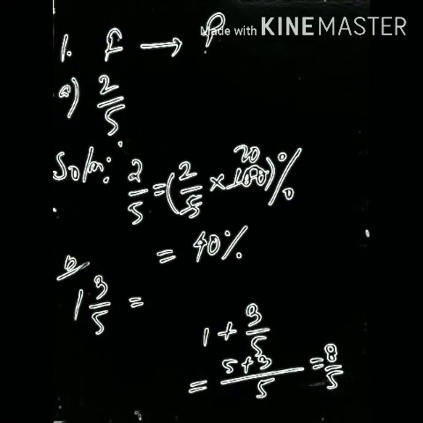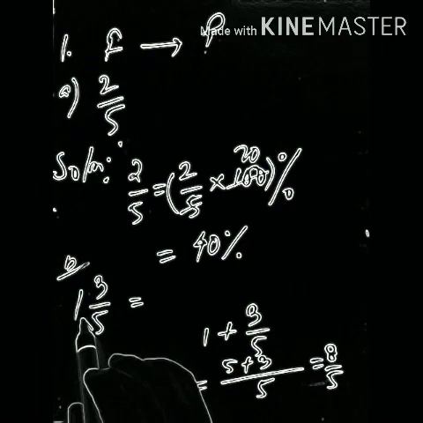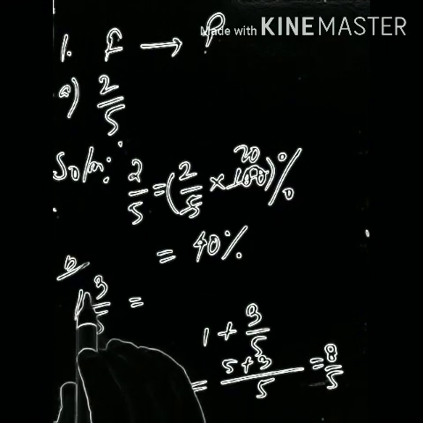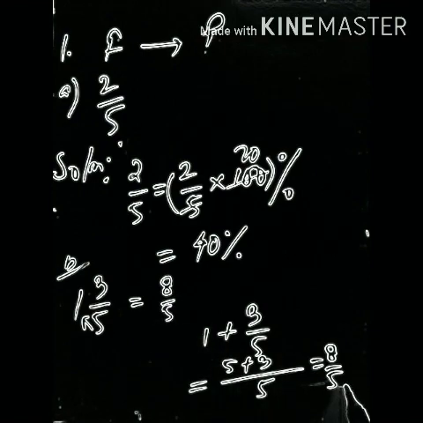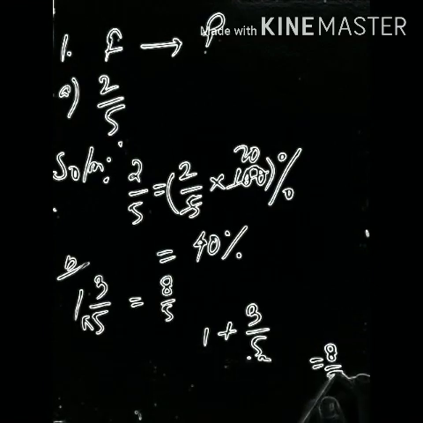But in a short way, what we do is 5 into 1, 5, then 5 plus 3, 8. So 8 by 5. Don't forget, whenever we write a mixed fraction, the combination of a whole number and a fraction, there is an operation sign between the whole part and the fractional part. So now we are getting 8 by 5.